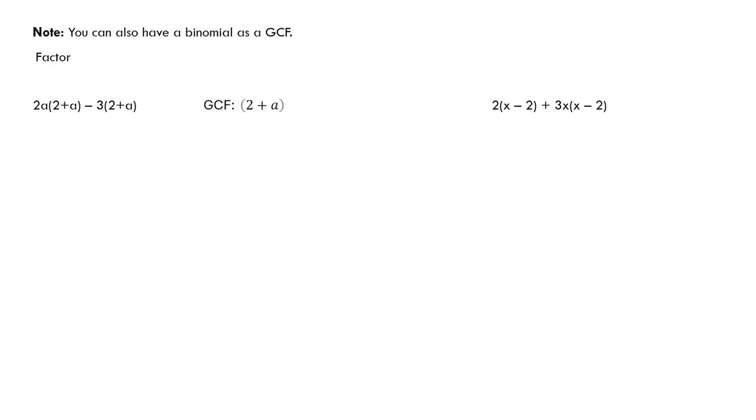We put our greatest common factor at the beginning, divide both terms by 2 plus a. The 2 plus a's cancel out, and we're left with 2 plus a times 2a minus 3.